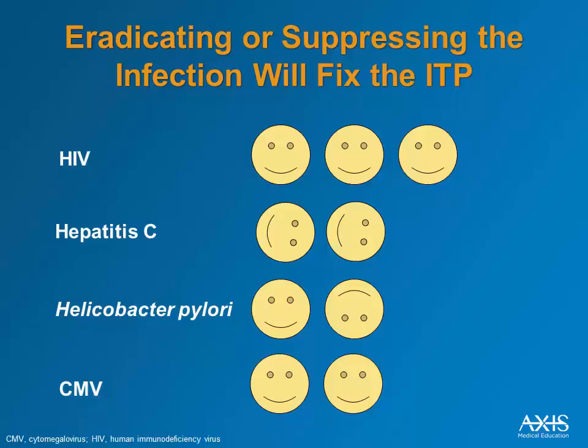And finally, another virus that has an infrequent presence but can cause severe ITP is CMV, and if it's recognized and eradicated or suppressed, platelets will just about always increase. So this is a different way of looking at infections and ITP.